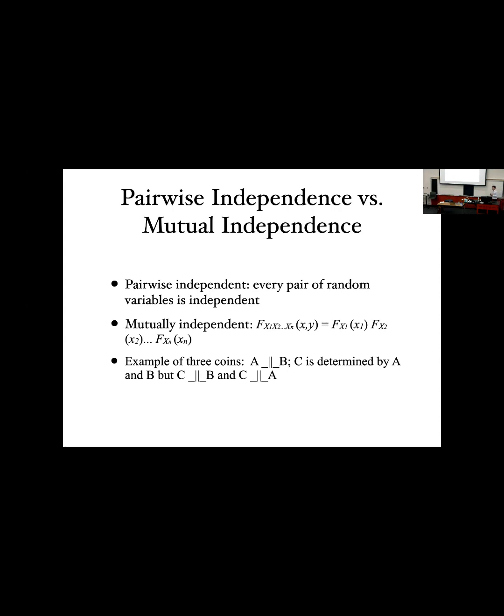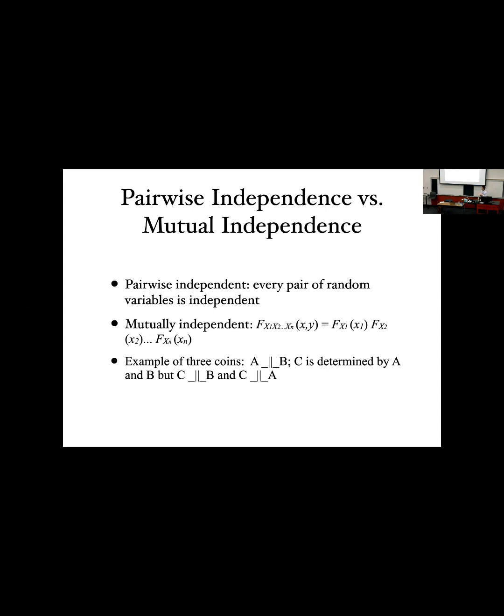Do you think they are pairwise independent? Yeah, in this case, you can verify that. You can see A and C are independent and B and C are also independent. So you can construct such examples. They are not so intuitive, because usually when we say independence, they are equivalent, right?